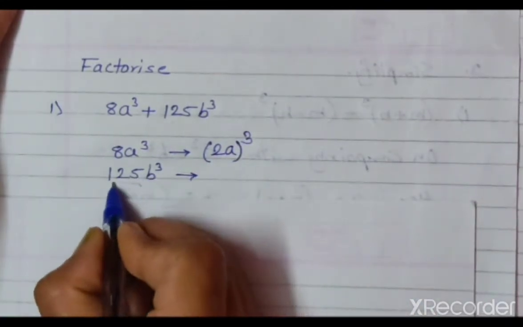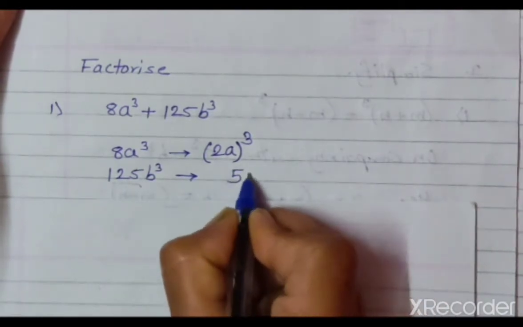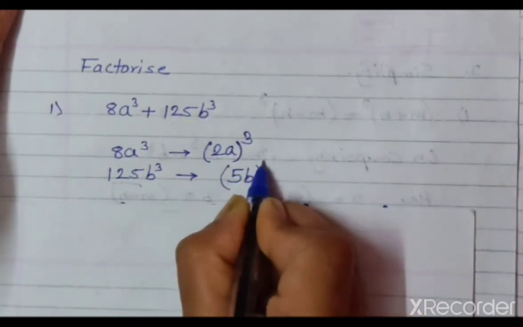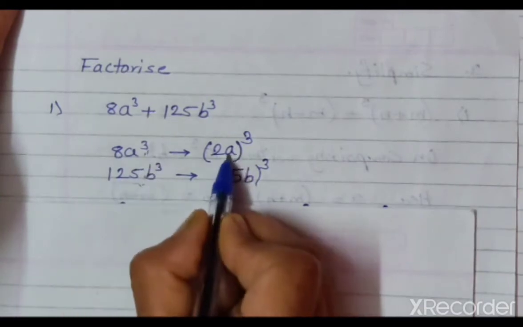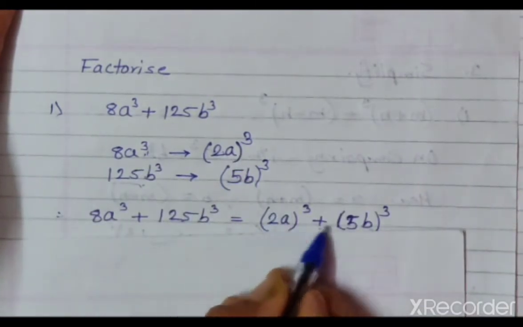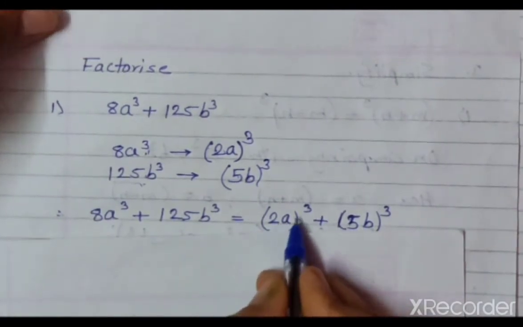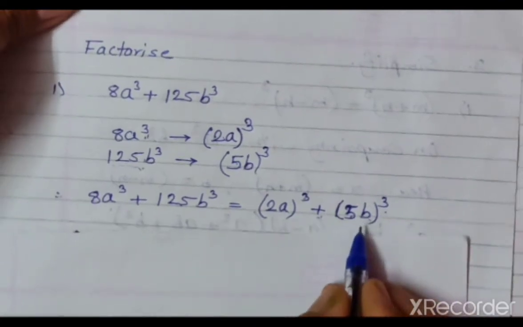Again we know that 125 is the cube of 5, and then this variable b, and take this cube as a common cube. So we can write these two terms like this. This is the other notation, that is (2a)³ + (5b)³.